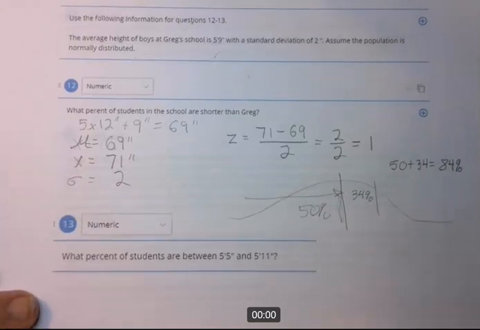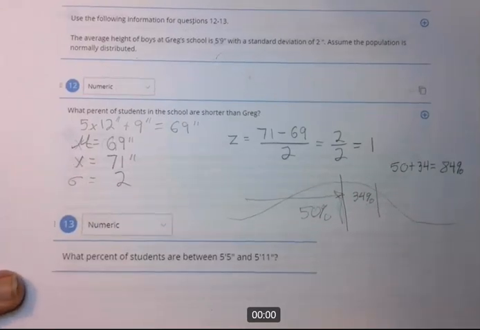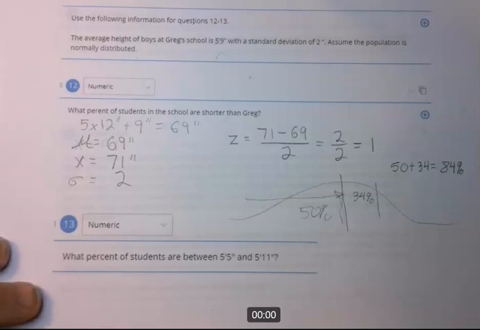Okay. All right. What percent of students are between 5'5" and 5'11"? Okay, so let's do what we did before. The mean is 69. And I'm going to do these conversions real quick. If you go 2 standard deviations above that, you get to 5'11".